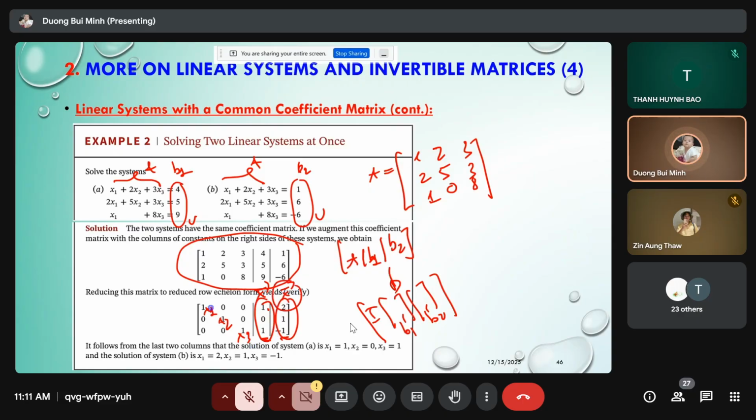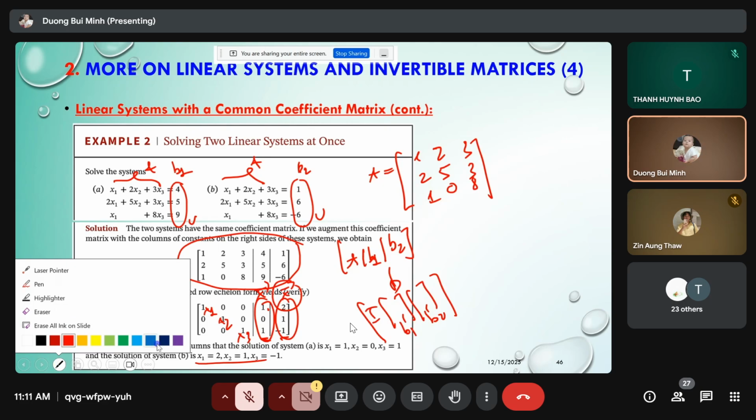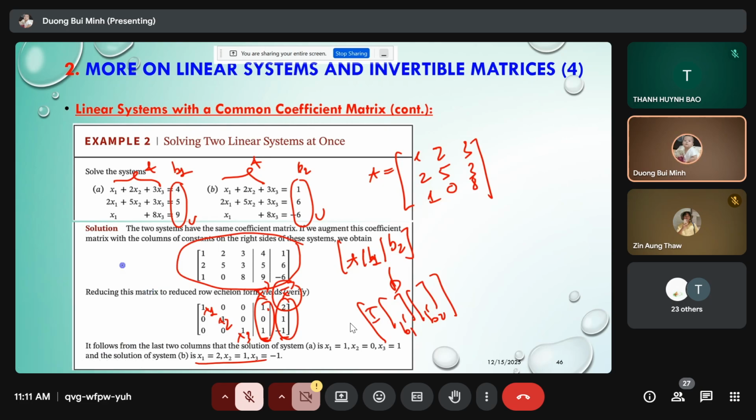And then we consider this one, you get X1 is 2, X2 is 1, and X3 is minus 1. Any questions? Okay, continue.